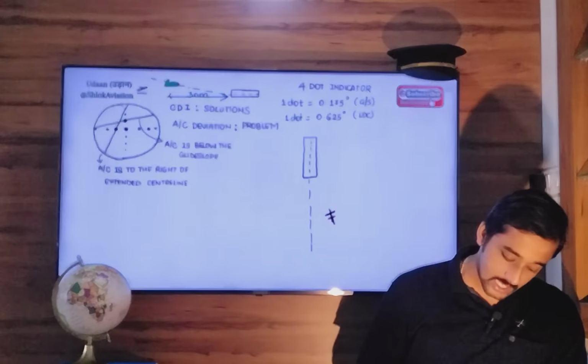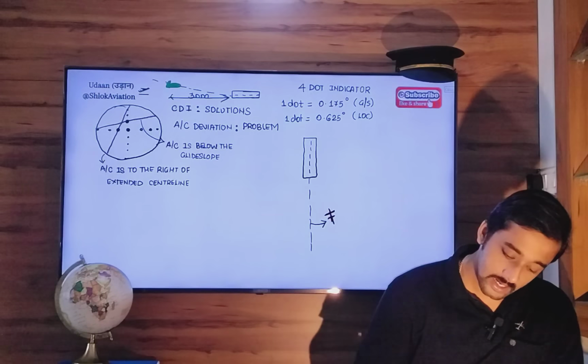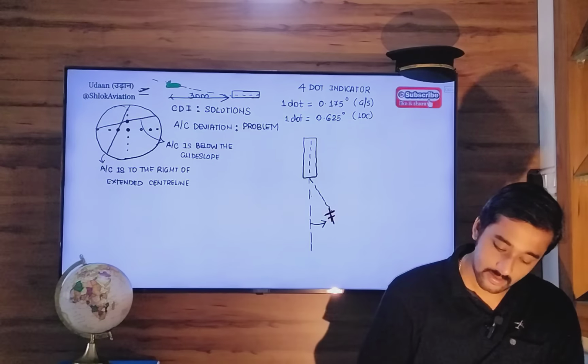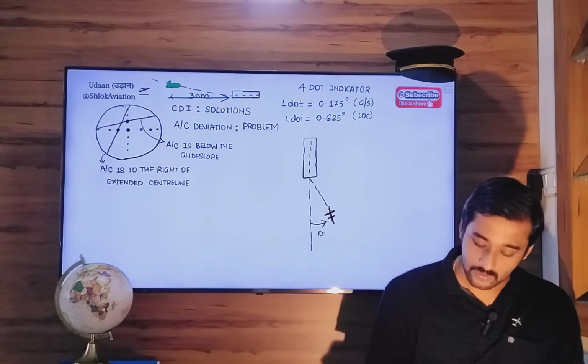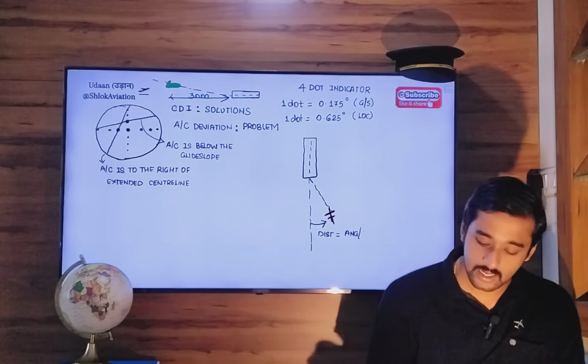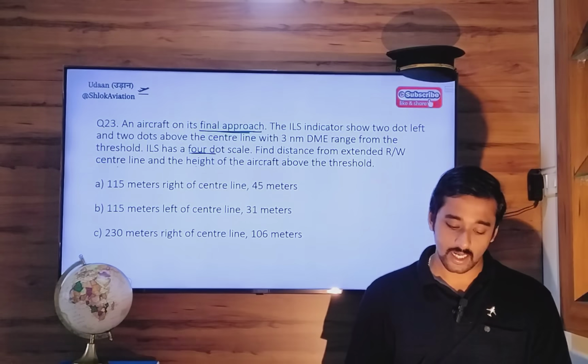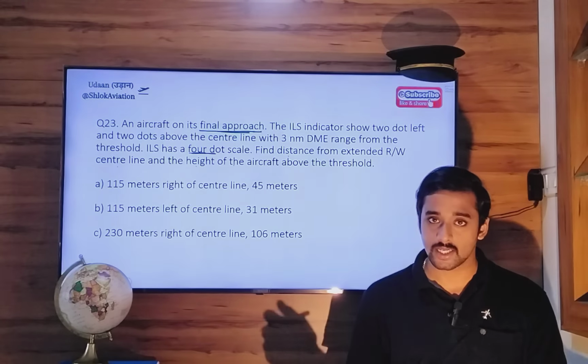So now the question has asked us to find out the distance aircraft has deviated from this extended center line. Okay, the distance. Now this distance can be angular as well as in terms of nautical miles. So here we have to find out the distance in terms of meters, nautical miles, etc.